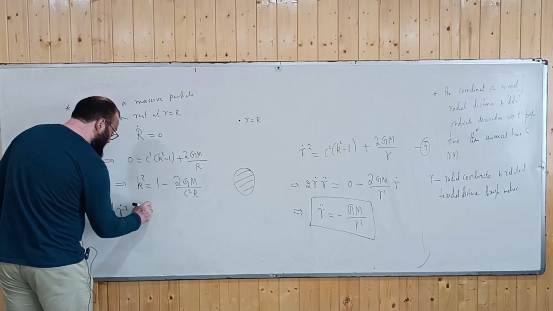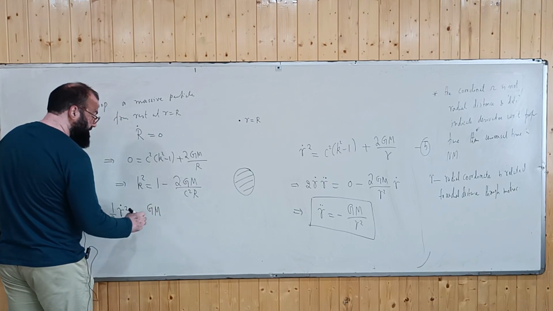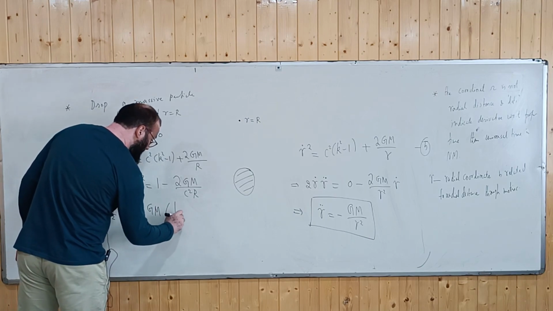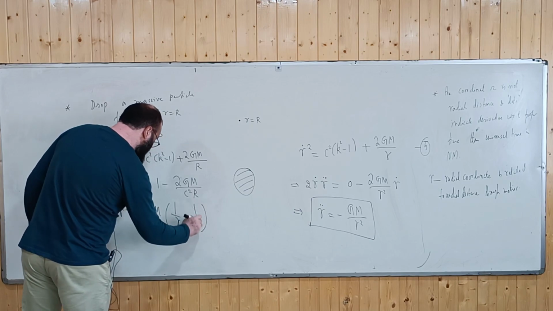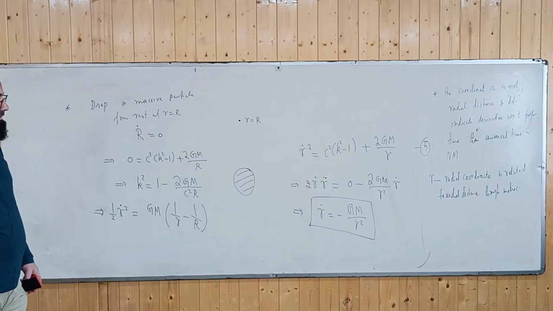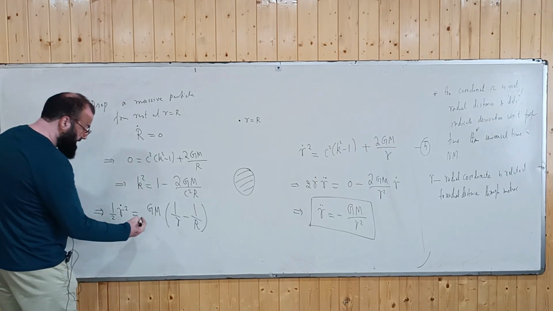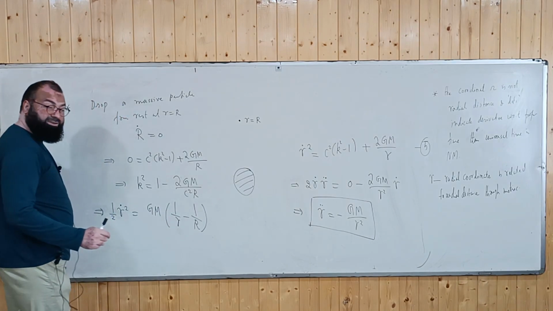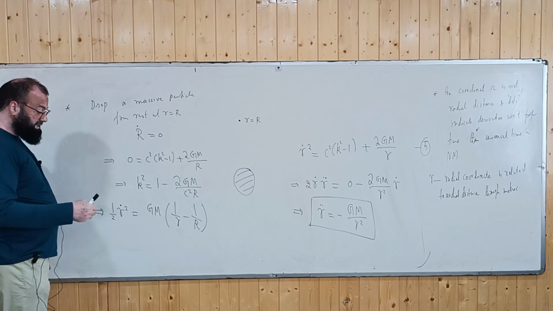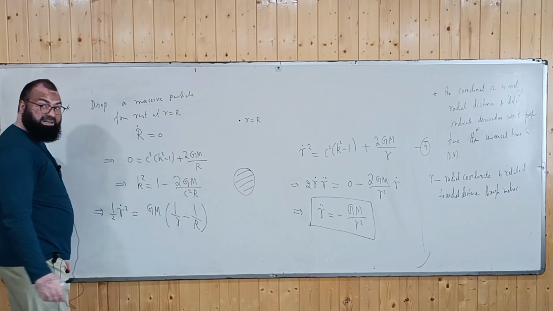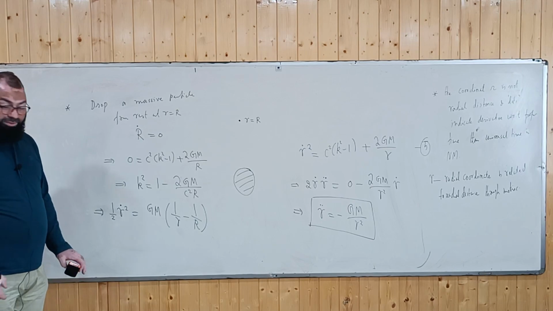So what I will get is GM into (1 by r minus 1 by R). GM by r is the potential energy at small r, and this is the potential energy at capital R.